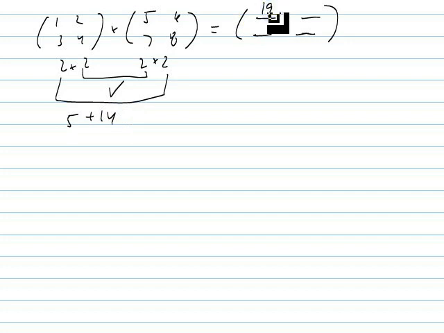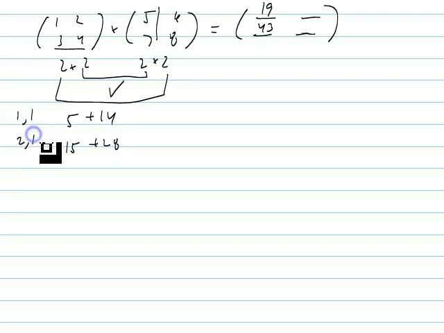You can do these in any order, so I'll just go to this one. Row 2, column 1, I take row 2 with column 1. This is row 2, this is column 1. So it's 15 plus 28, which is 43. To get this top right one, I'll just make a note here, this was row 1, column 1.